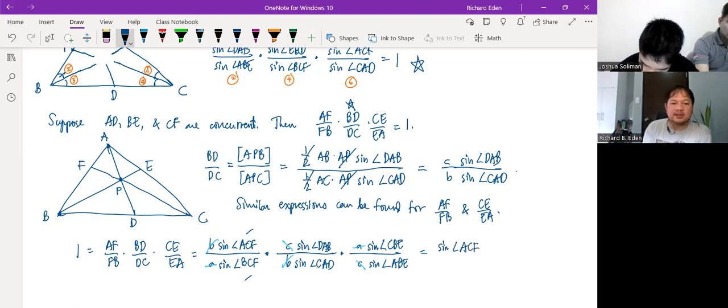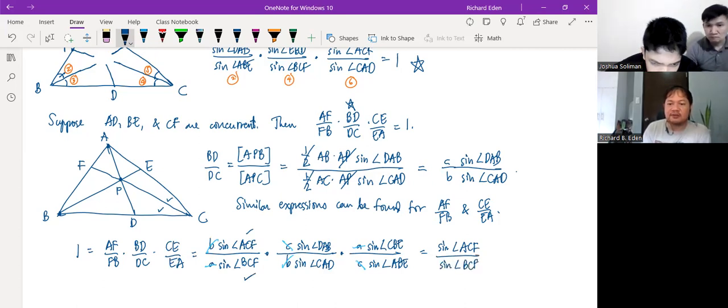Okay, here is ACF. And then it is up to us whether we want to go clockwise or counterclockwise. Let's go clockwise. That would be this. And ito, BCF. Actually, andito pala siya sa ilalim. Sine of angle BCF. Okay, next, ito naman. CBE, it is this. Sine of angle CBE divided by ito, ABE. Here we go. Sine of angle ABE.